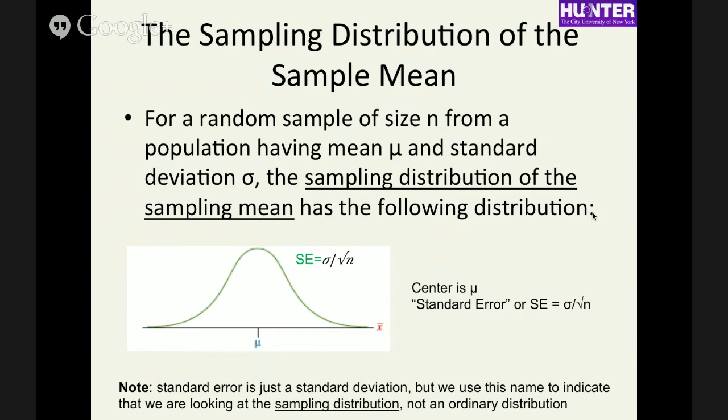Now, what if n is small, but the population distribution is normal? So it's weights. Weights are normally distributed in our population. We take samples of n equals 4. What's the shape of the sampling distribution going to be?